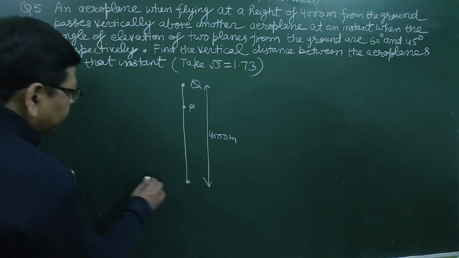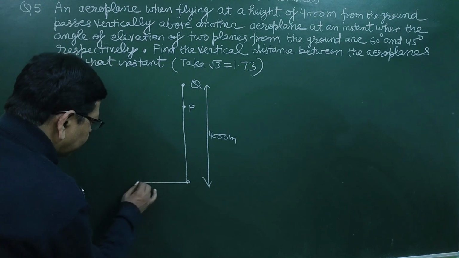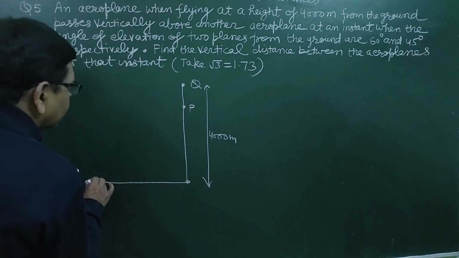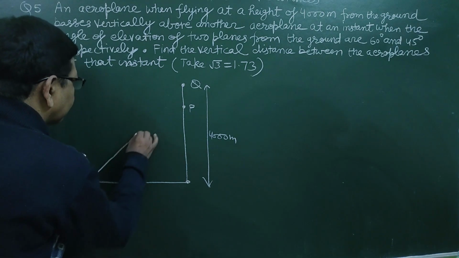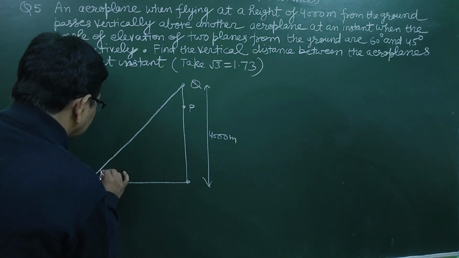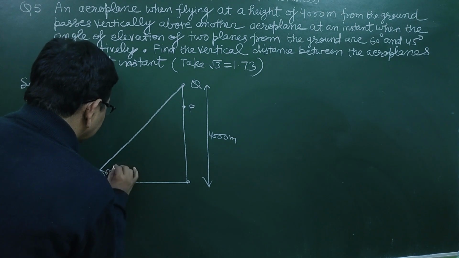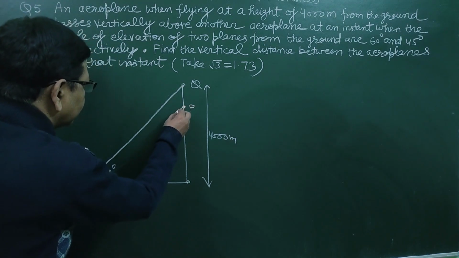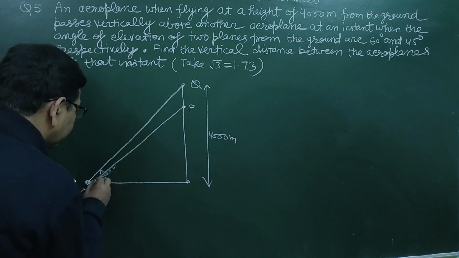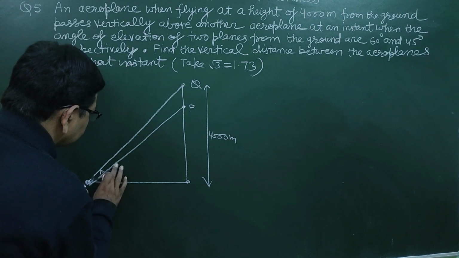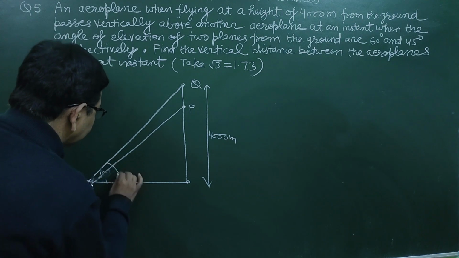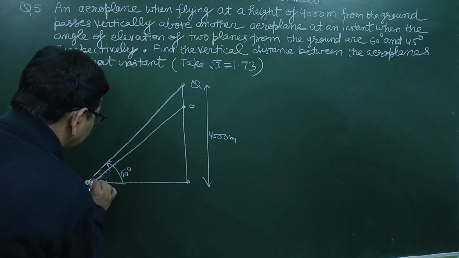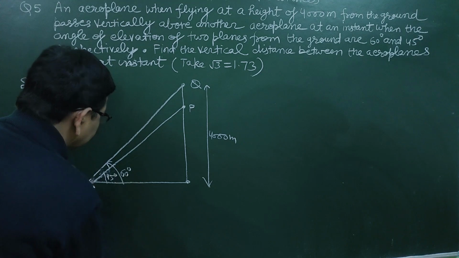And the height of the first aeroplane is 4000 meter, which is above P. And from a point O here on the ground level, the angles of elevation of the planes are: the first plane has the angle of elevation 60 degree and the second has the angle of elevation 45 degree.